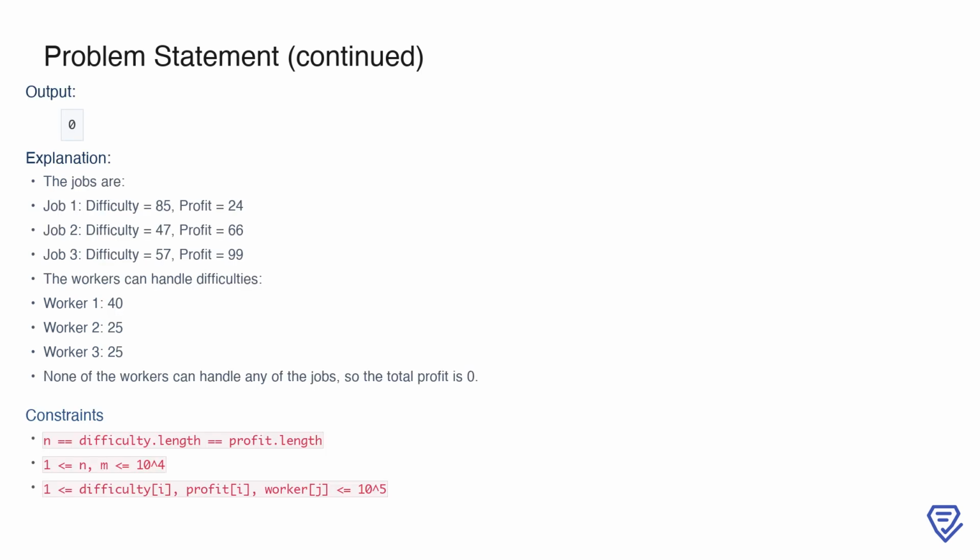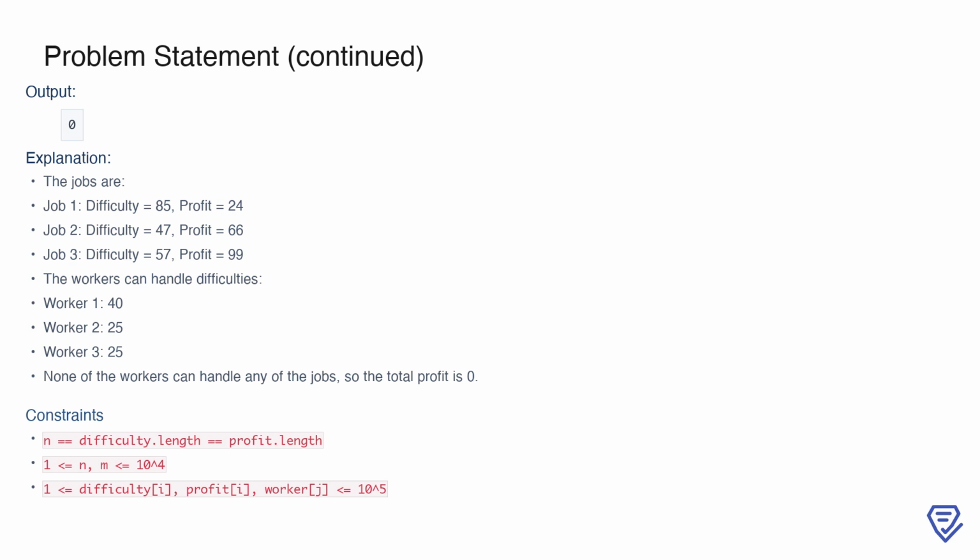Now, consider another example where difficulty is 85, 47, 57, profit is 24, 66, 99, and worker is 40, 25, 25. Here, the available jobs are Job 1 with difficulty 85 and profit 24, Job 2 with difficulty 47 and profit 66, and Job 3 with difficulty 57 and profit 99.